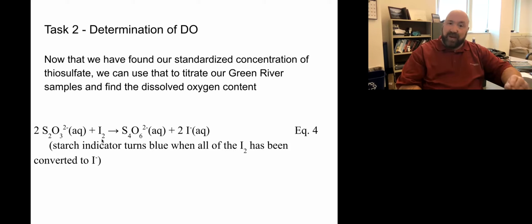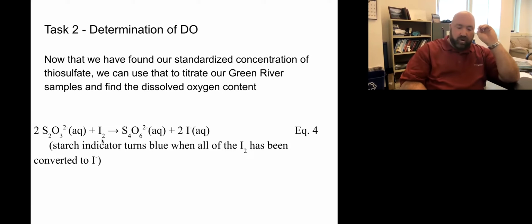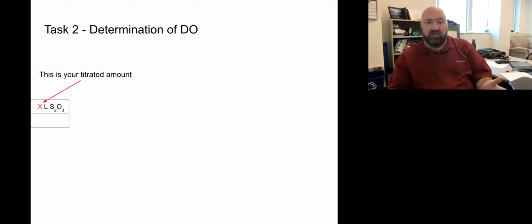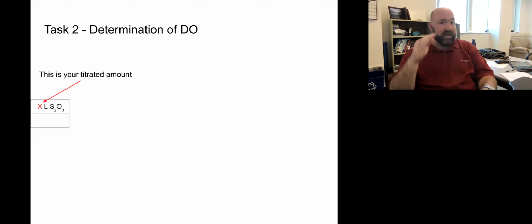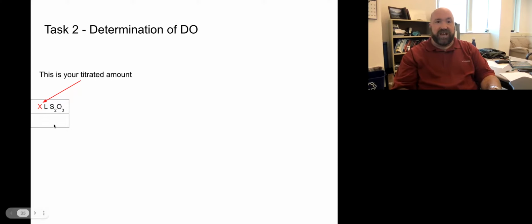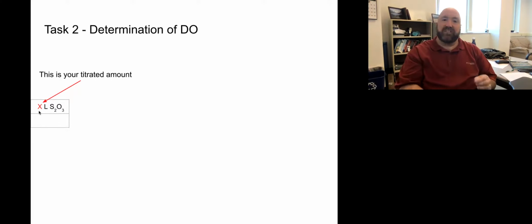So at your end point of the titration, when everything turns clear, you're going to have a titrated volume, literally just the volume from your burette. That's how much of the S2O3 that you used.